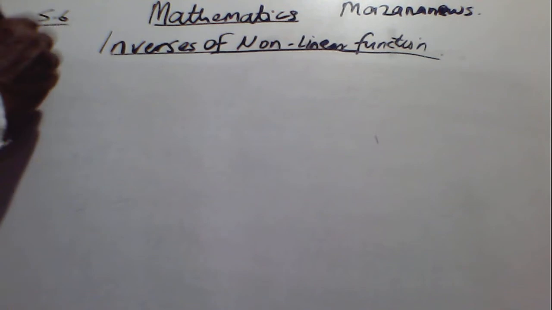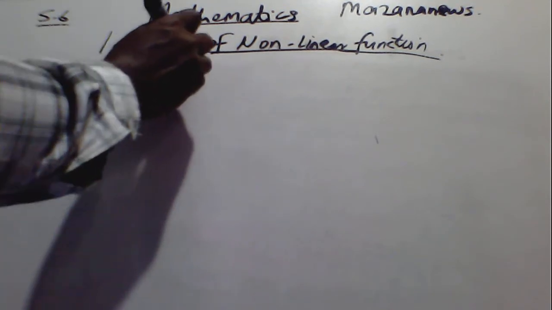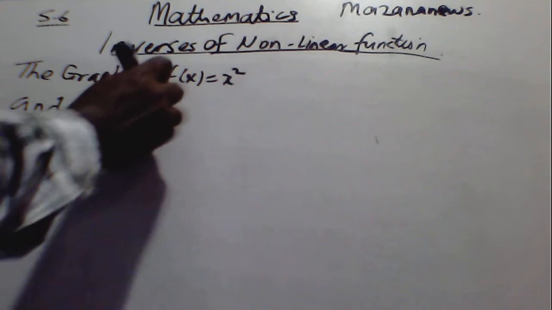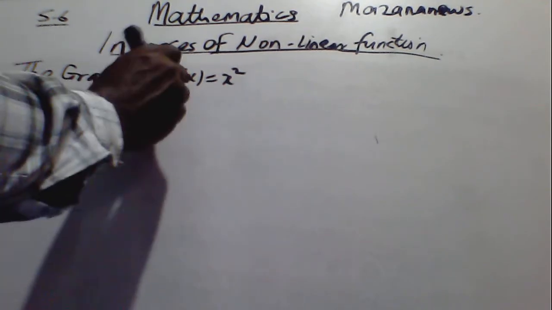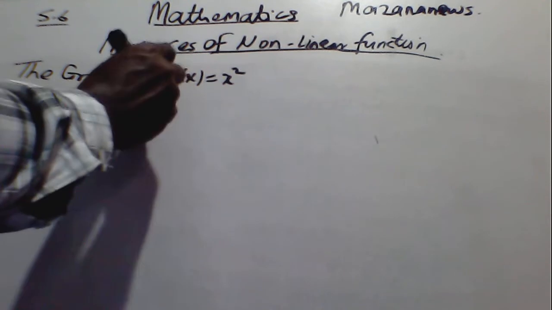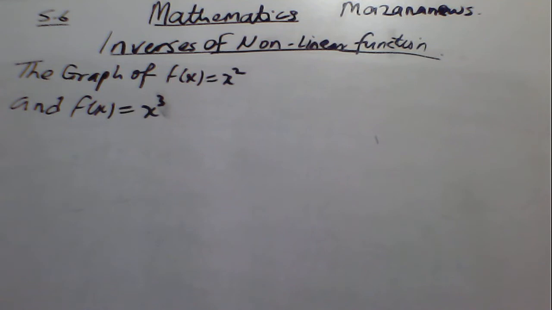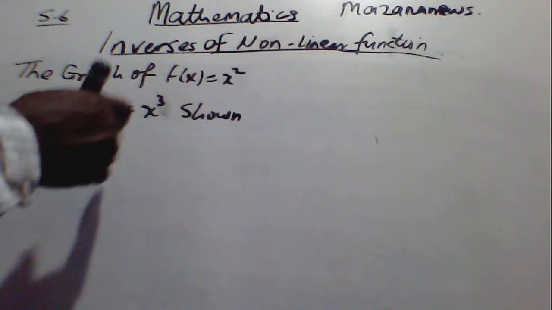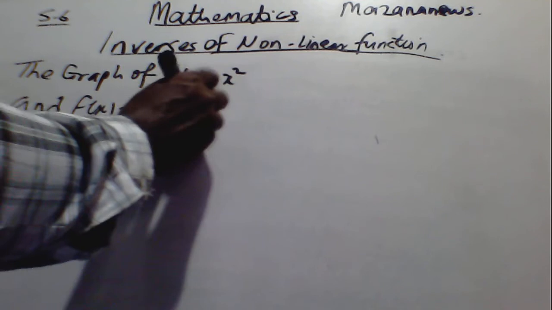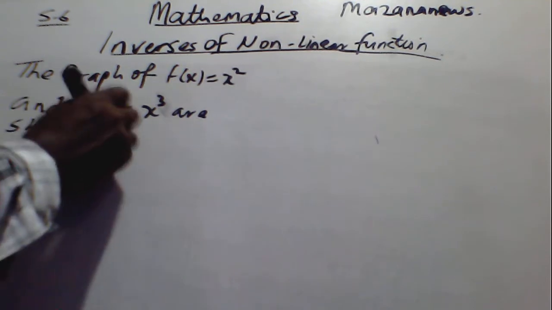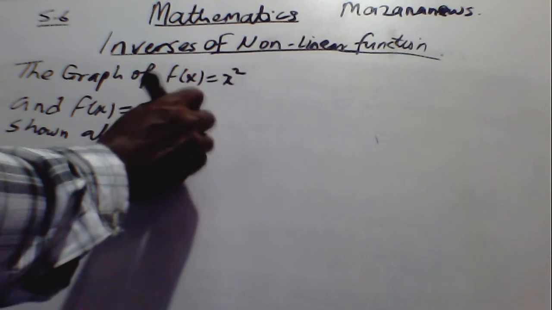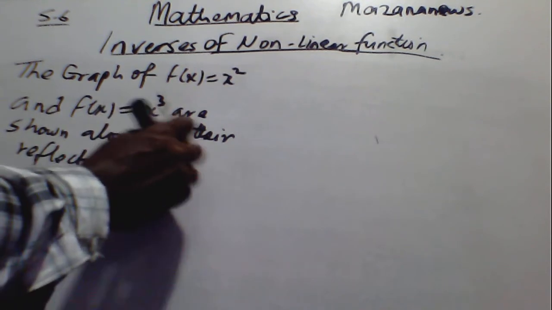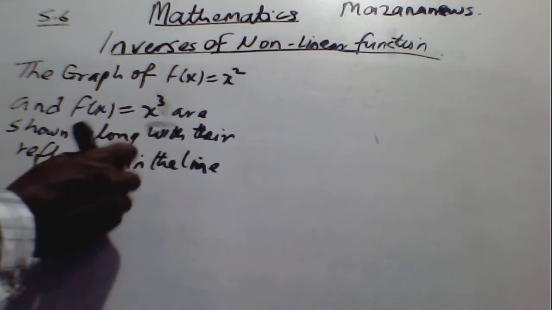If you look at the graph of f of x equals x raised to power 2 and f of x equals x raised to power 3, if you check the graph of these two functions, the graphs of f of x equals x squared and f of x equals x cubed are shown along with their reflections in the line y equals x.